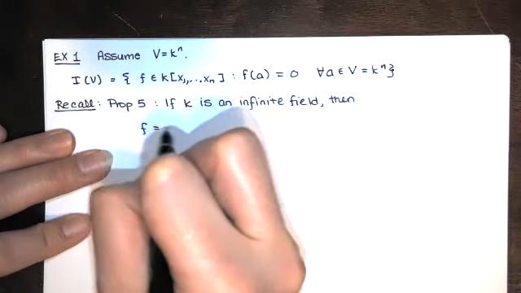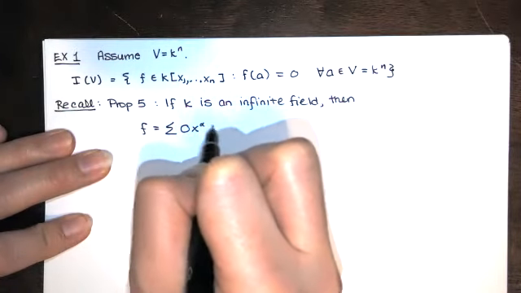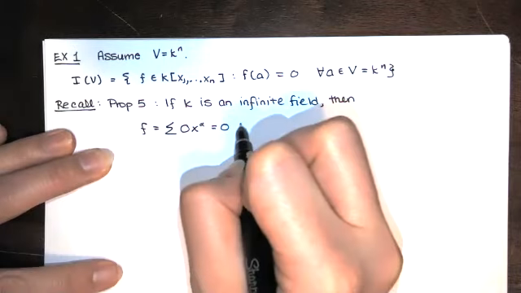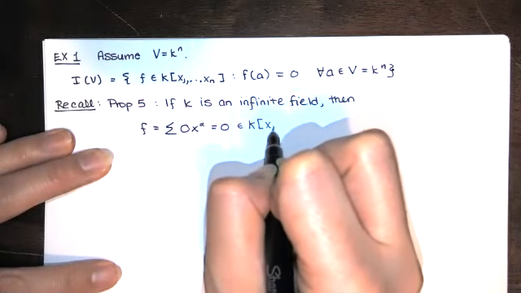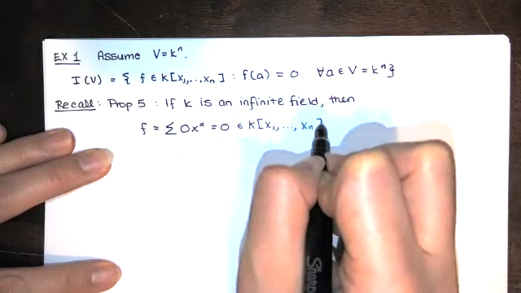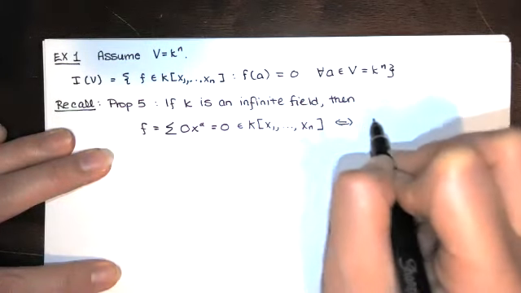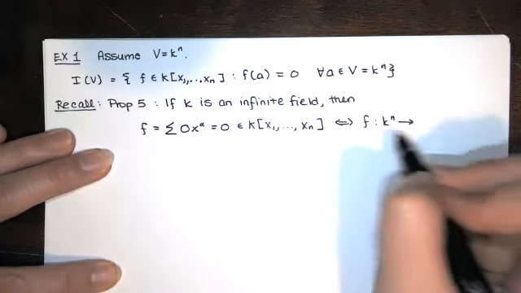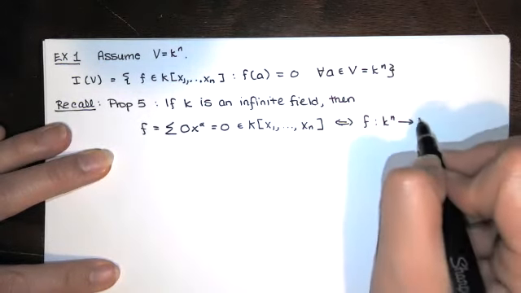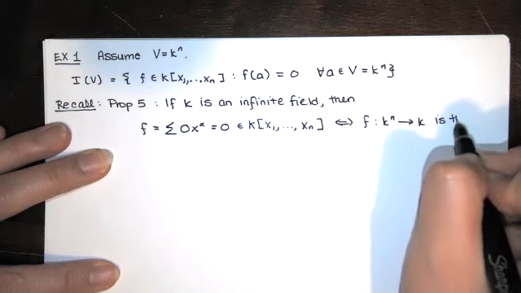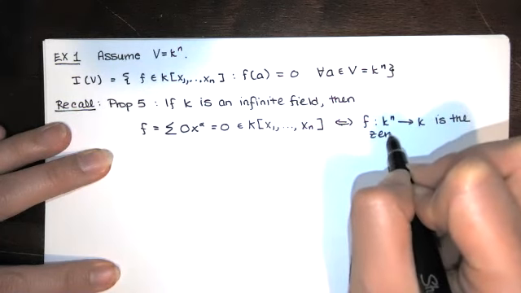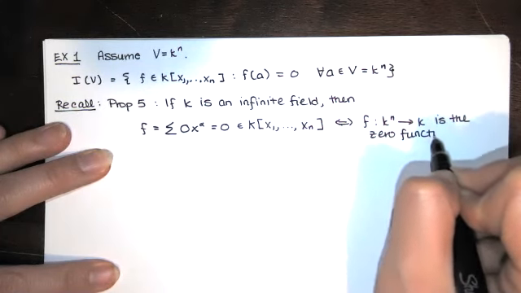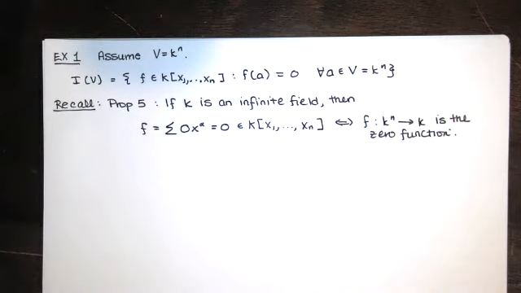Then F is equal to the 0 polynomial in our polynomial ring if and only if F as a function, that mapping from n-dimensional affine space to K, is the 0 function. So these are equivalent to each other.